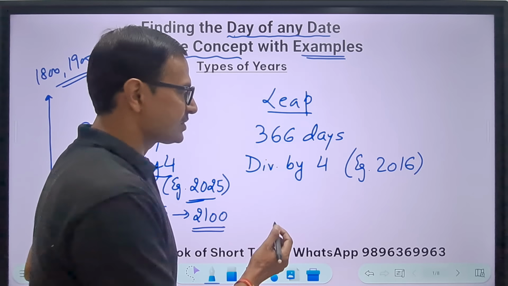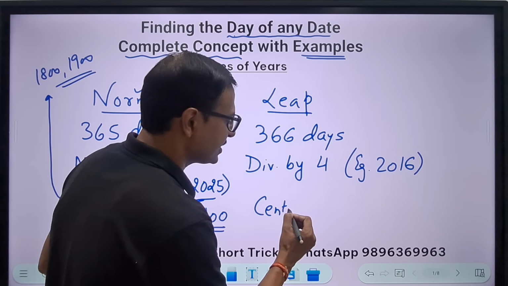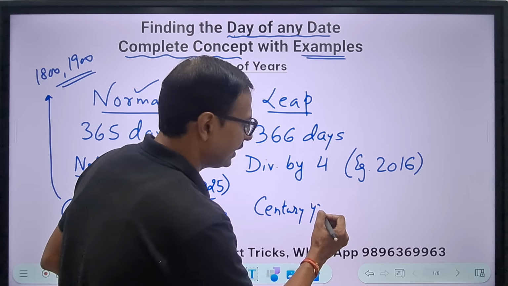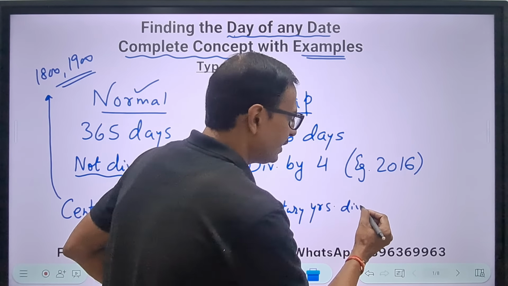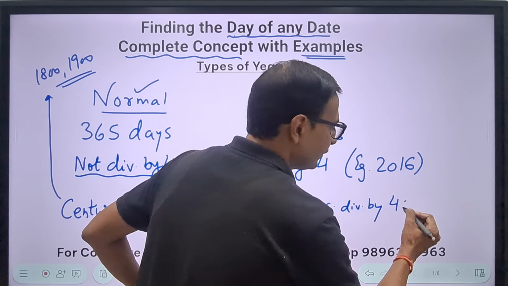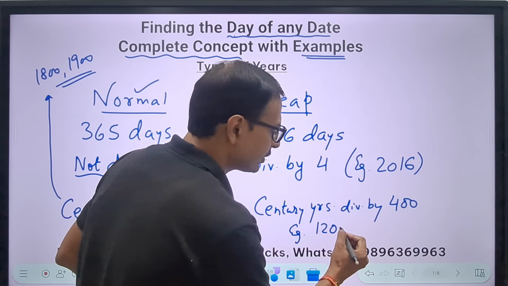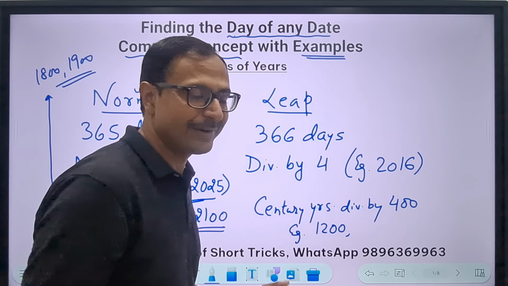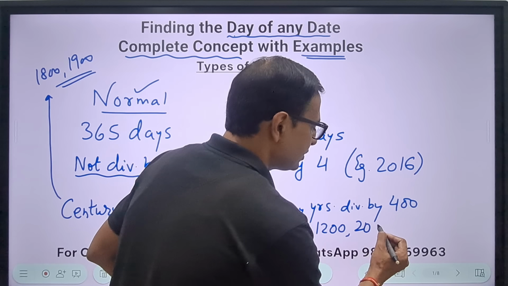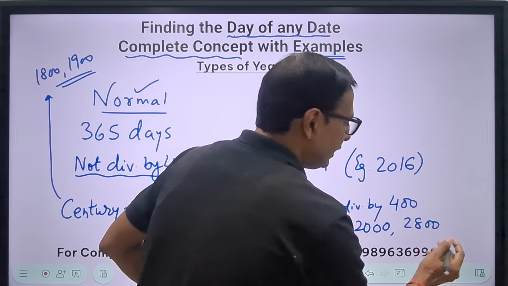All the century years which are divisible by 400, so I'll write the entire concept. Century years divisible by 400. Example, the year 1200 was a leap year because it is divisible by 400. The year 2000 was a leap year, the year 2800 will be a leap year.